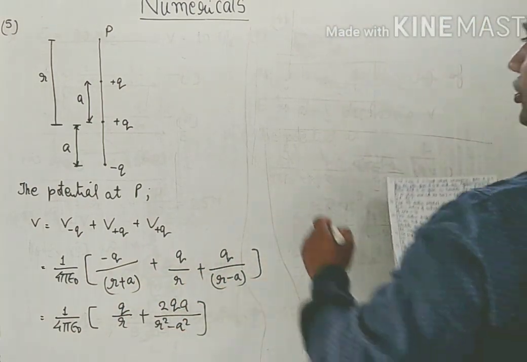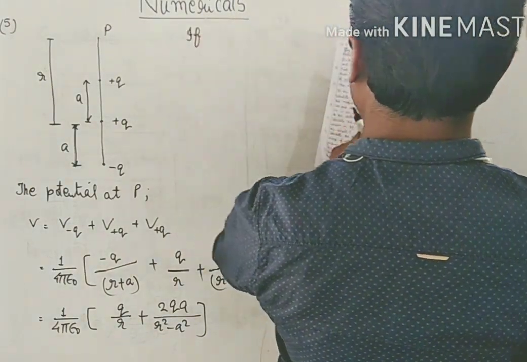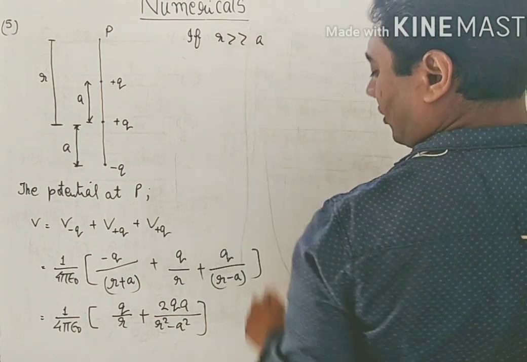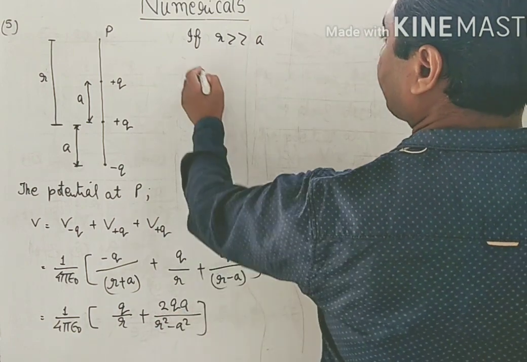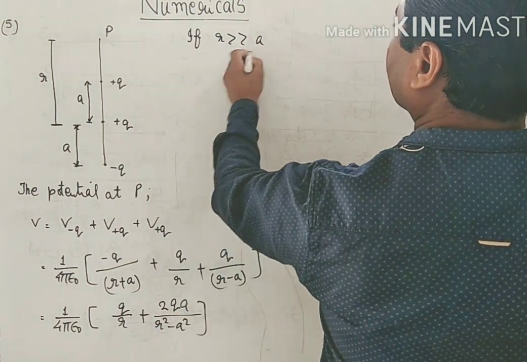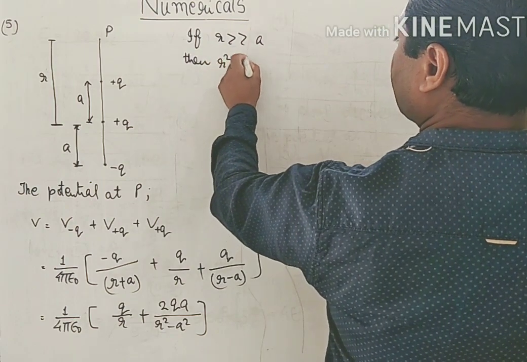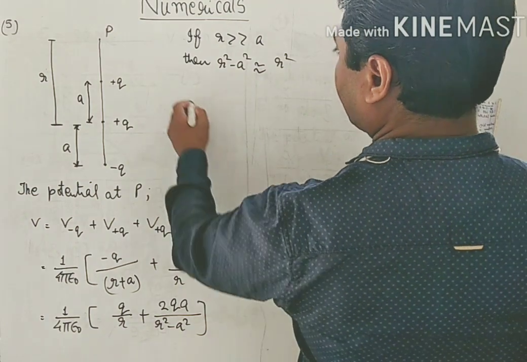Now with the condition, if R is very much greater than A, then we can neglect A square and retain R square here. So R square minus A square is nearly equal to R square itself.